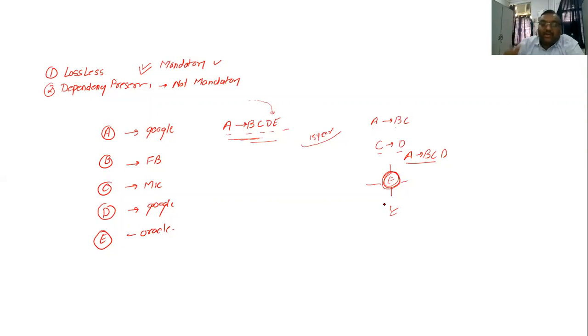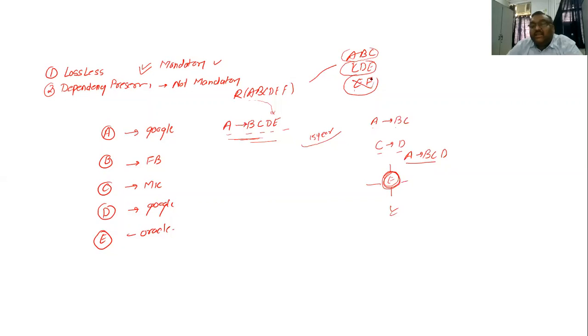Similarly, if we talk about a relation R with attributes A, B, C, D, E, F, and we decompose it into A, B, C, and C, D, E, and E, F, then in the decomposition all attributes A, B, C, D, E, F should be there.